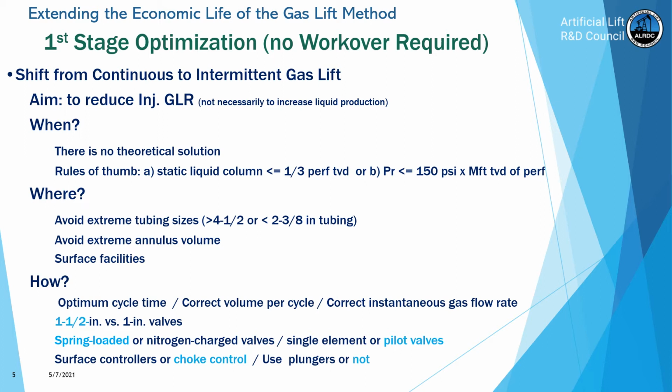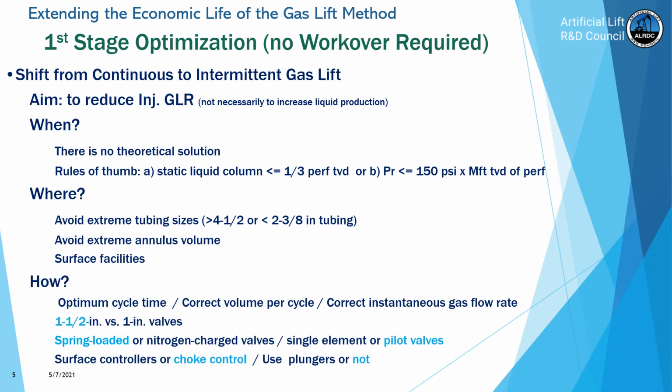So the ability to control the area ratio of the valve independently of the port is very important, because when you use a single element valve to do intermittent gas lift, you have to use a large port to achieve the gas injection flow rate that you need. Then if you select a large port, necessarily the spread of the valve is going to be very large.